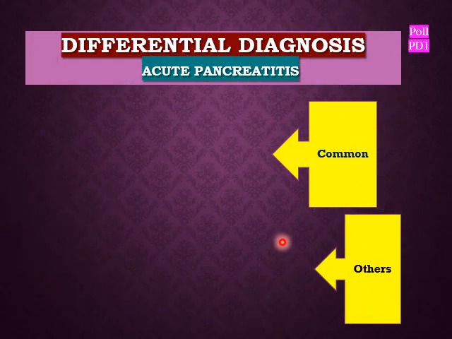Now, what are the differential diagnoses of acute pancreatitis? It's usually young patients with severe abdominal pain, acute onset, vomiting, and signs of peritonitis.